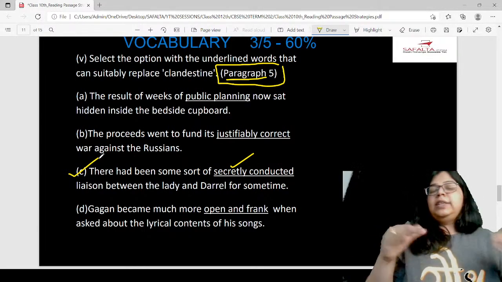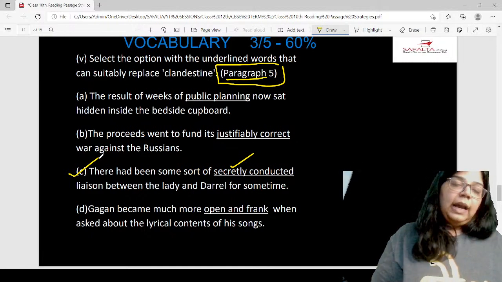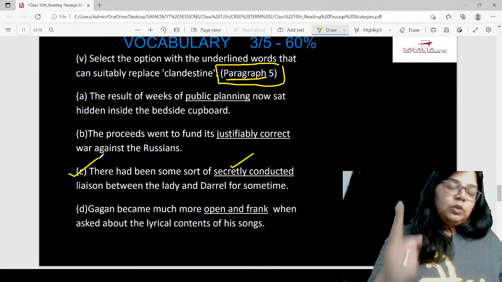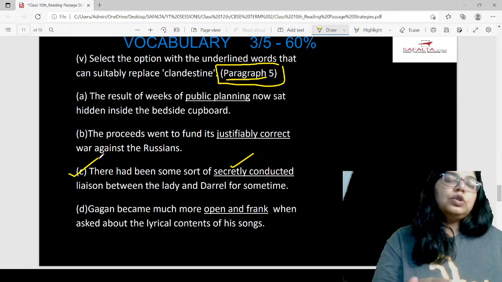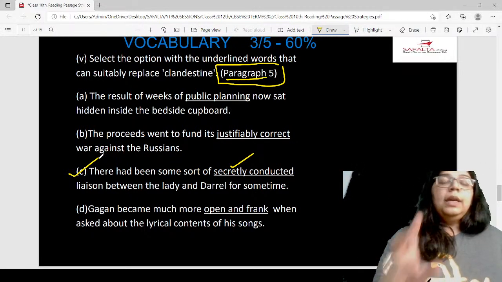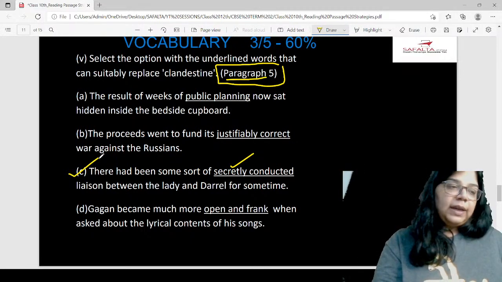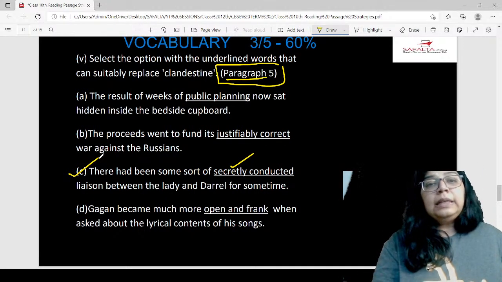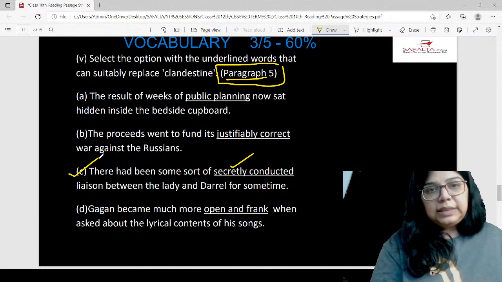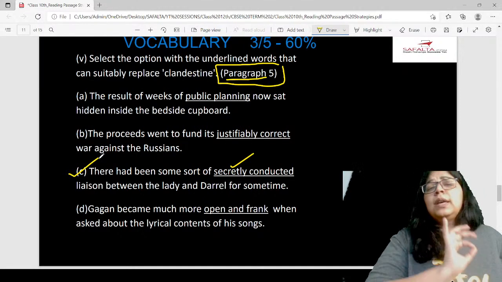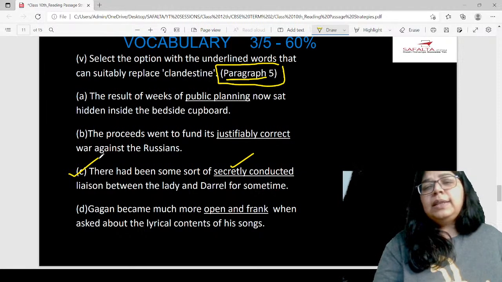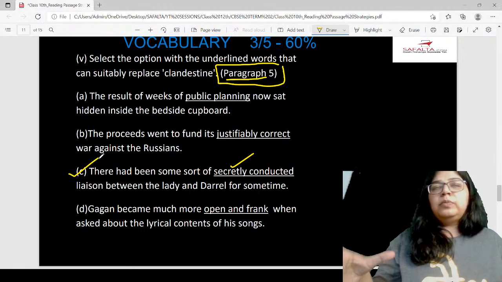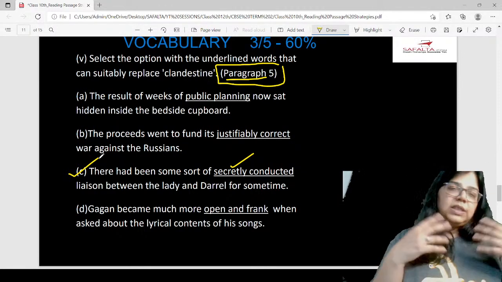What did I do? I did not know the meaning of the word clandestine. I went back to paragraph 5. The first thing that I did was I stayed focused on paragraph 5. When I stayed focused on paragraph 5, I tried to understand the meaning of the word clandestine by reading the sentences itself. Because there is possibly no way that you will know the meaning of every word in English.